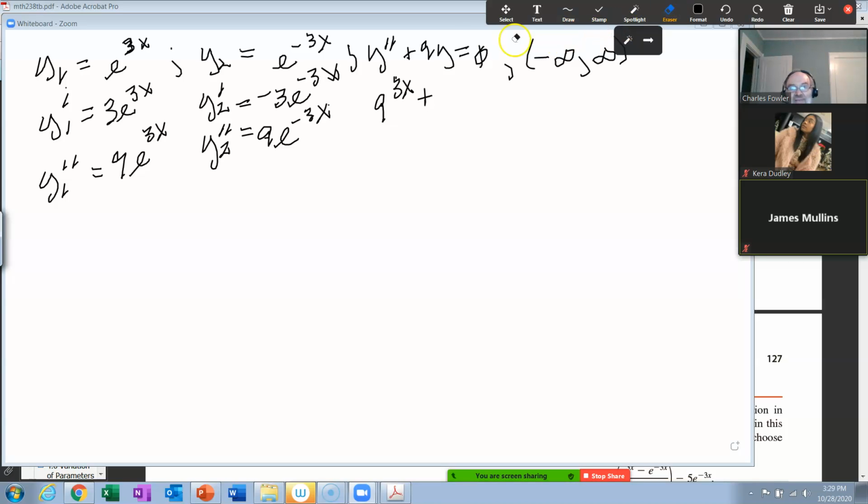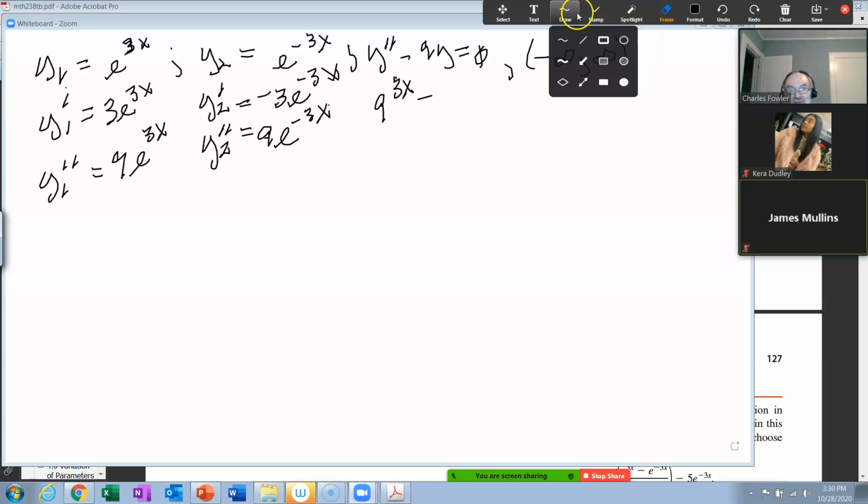There we go. That is a minus there. Minus 9y. So this would be 9e to the 3x, y double prime, minus 9e to the 3x. That's certainly equal to 0.